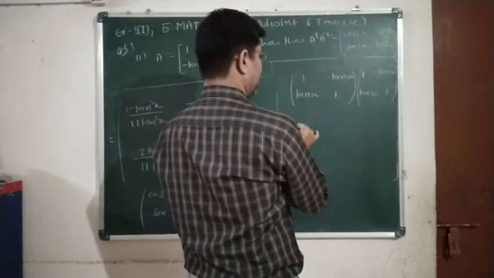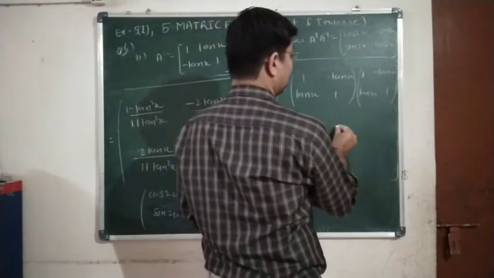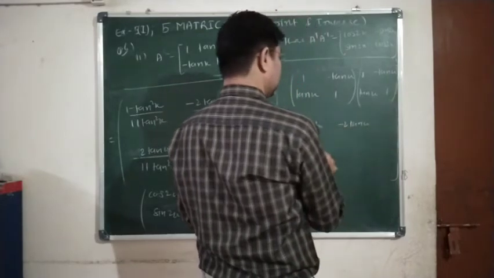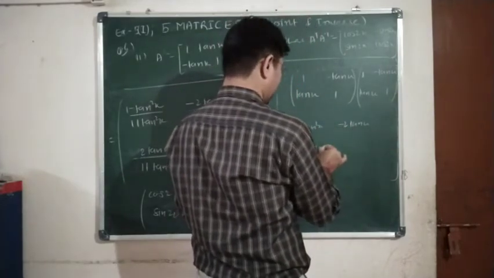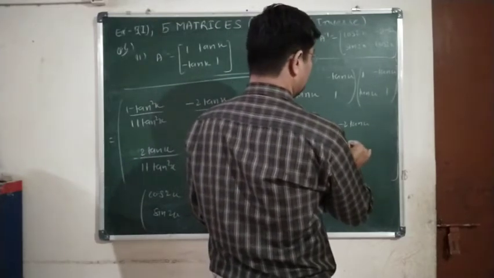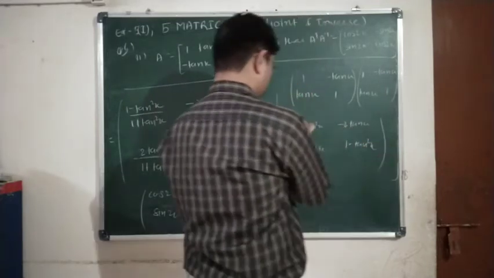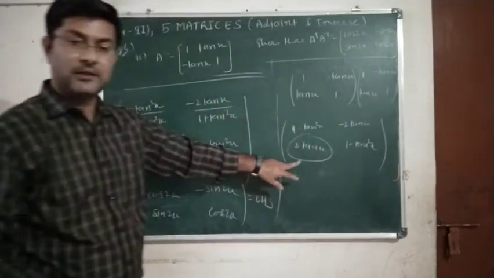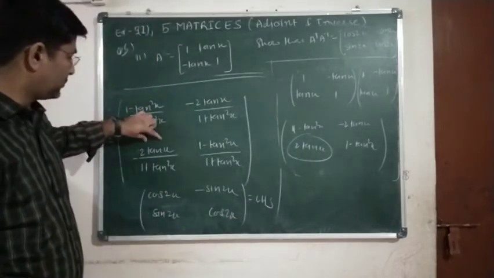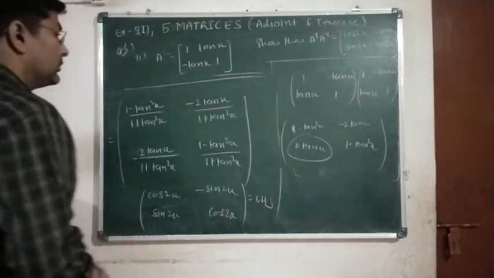If you multiply, then 1 minus tan square x, minus 2 tan x. Yes, here 2 tan x will come. We wrote 1 plus tan square x, so that was our mistake. In this particular step we wrote 1 plus tan square x by mistake, but it is actually 2 tan x. So 2 tan x upon 1 plus tan square x is sine 2x. Clear?